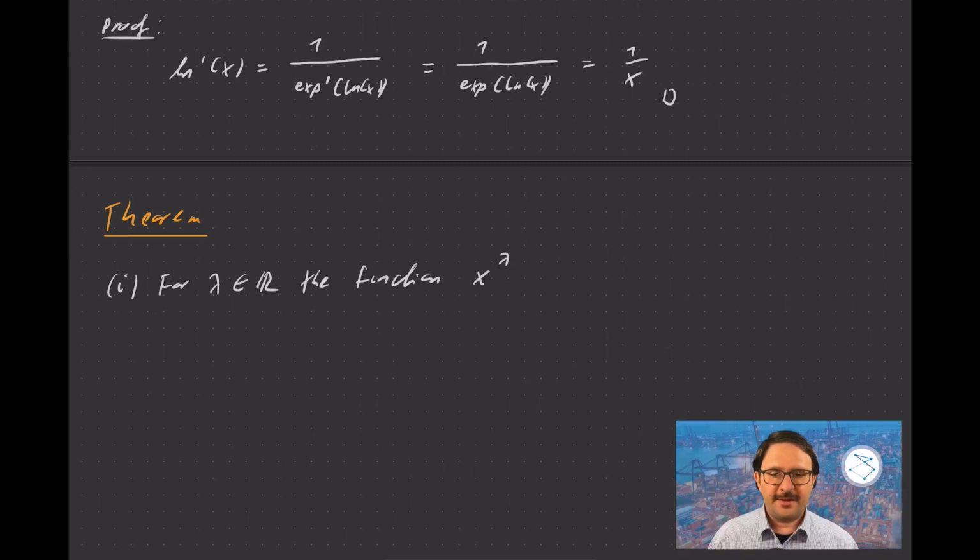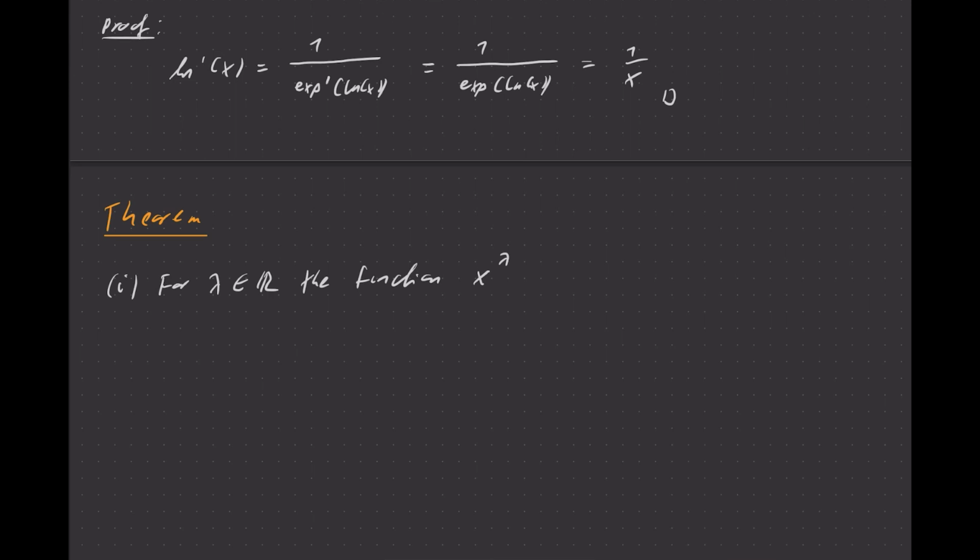Before, we basically only defined x to the power of lambda for integer lambda, and then we extended that to rational lambda. Remember, we had the notation that the nth root is something like x to the power of 1 over n, and now we extend that to arbitrary real numbers, not just rational numbers. And the extension is actually pretty easy.